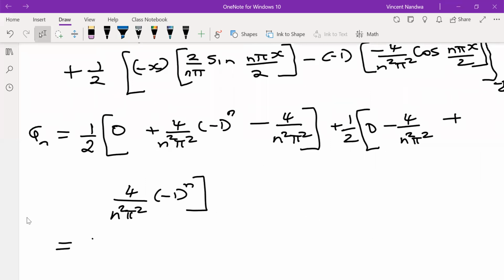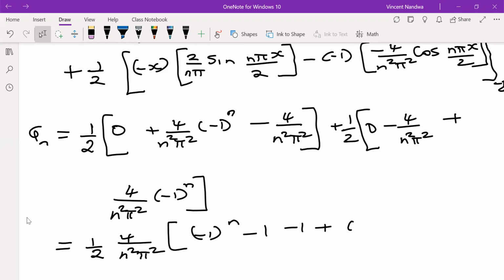And when you simplify, you get a half times 4 over n squared pi squared into minus 1 power n minus 1 plus minus 1 power n. I've simply factored out this term, which is common to all the terms here.